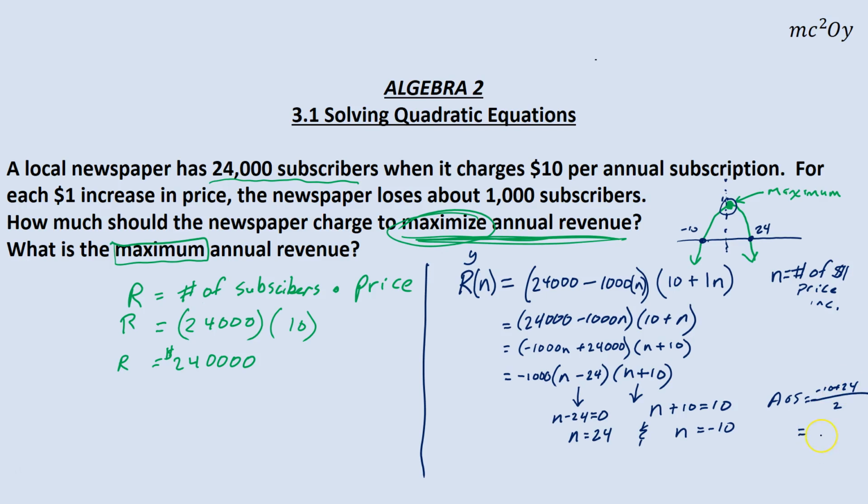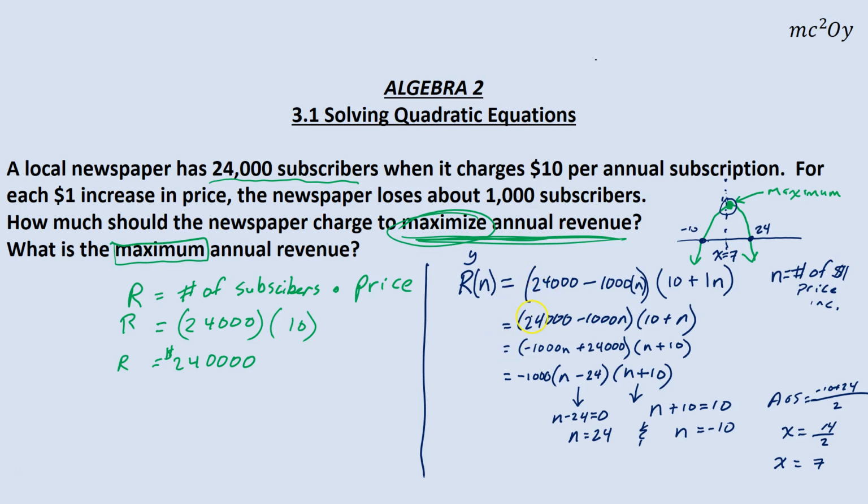Negative 10 plus 24 is 14. 14 divided by 2 is 7. So x equals 7. That is my axis of symmetry.